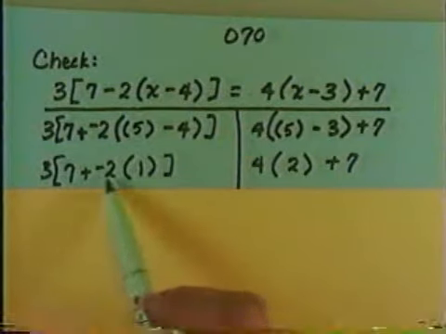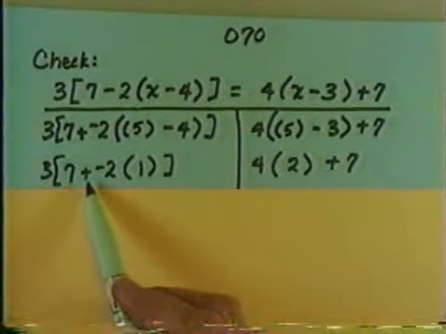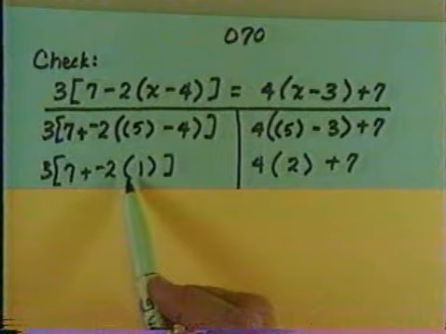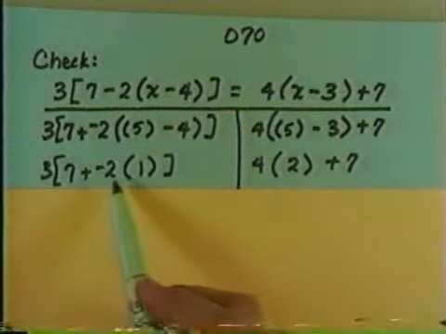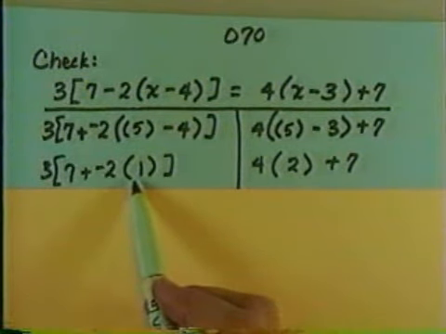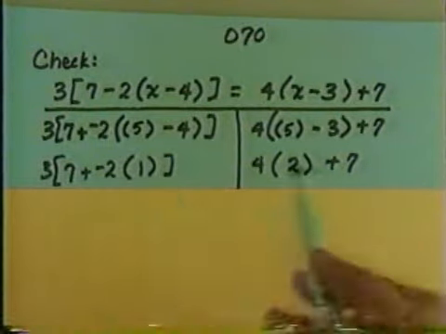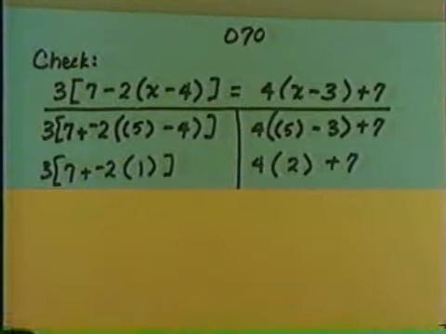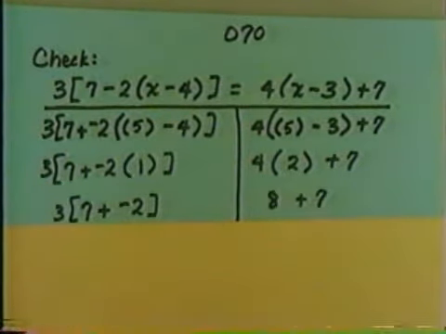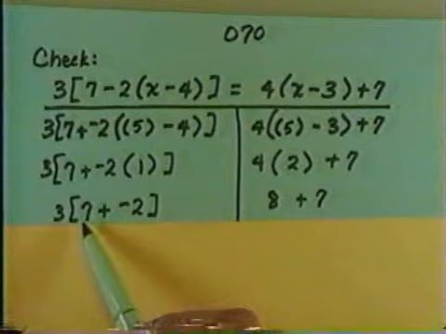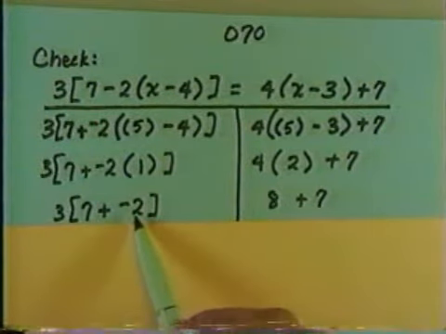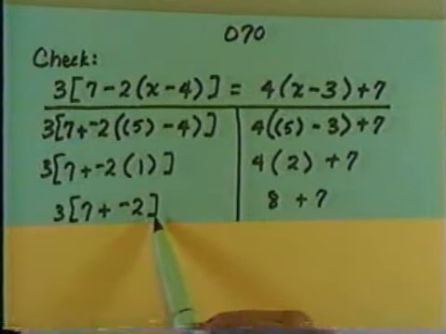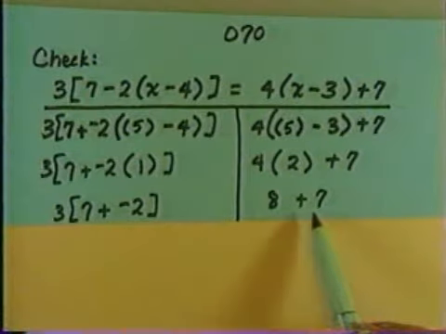The next step in simplifying on the left is within the brackets, adding and multiplying. We do the multiplying first. So we'll multiply negative 2 times 1 on the left to get negative 2. On the right, 4 times 2, which is 8, plus 7. So this gives us 3, bracket, 7 plus negative 2, bracket, and on the right, 8 plus 7.